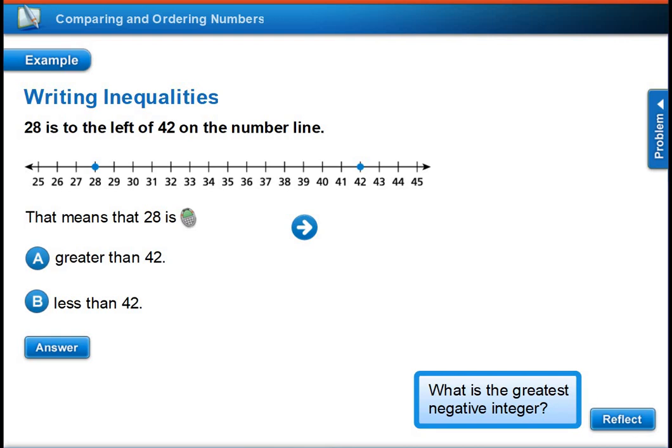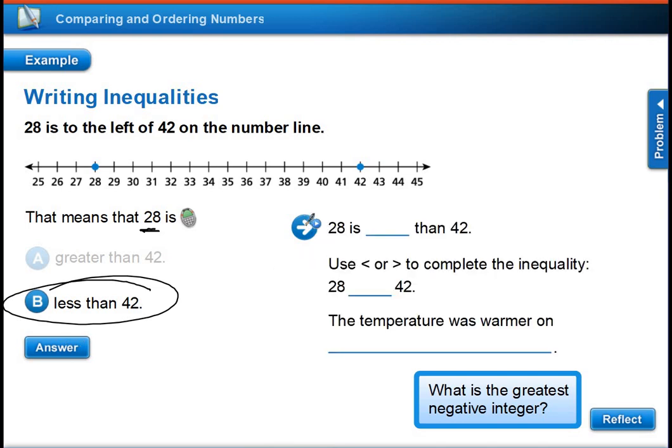All right, so again, looking at the number line, since 42 is further to the right, it's greater. But now I'm looking at it in regards to 28. Since 28 is further to the left, this means that 28 is less than 42, so I have to use that tipped over L symbol.